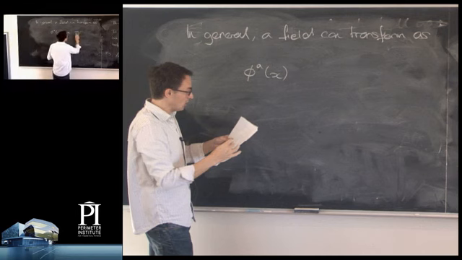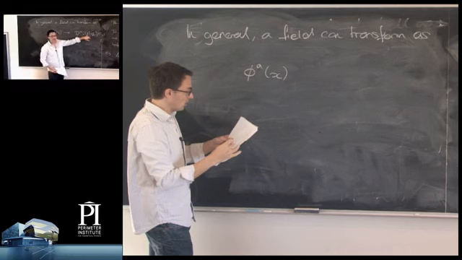And under a Lorentz transformation, this set of fields could themselves transform into each other in some way. The way they transform into each other should be a matrix.